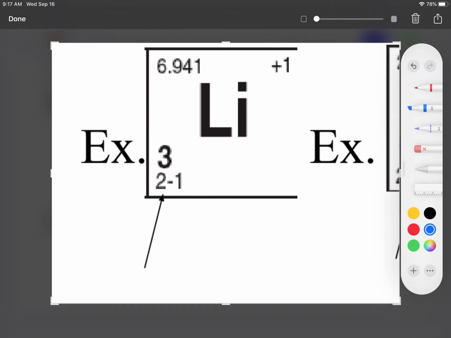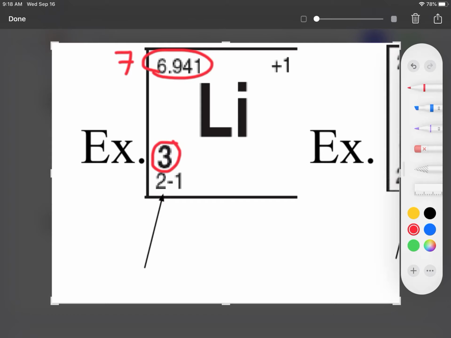First element again was lithium. Now let's go through this box again. The top number is the mass. So if I round 6.941 to the nearest whole number, that's going to be 7. The bottom number is the atomic number, the number of protons. Now look underneath that. Well, I see 2 numbers there. It says 2-1. Well, that tells me, according to your periodic table key, that's called the electron configuration.